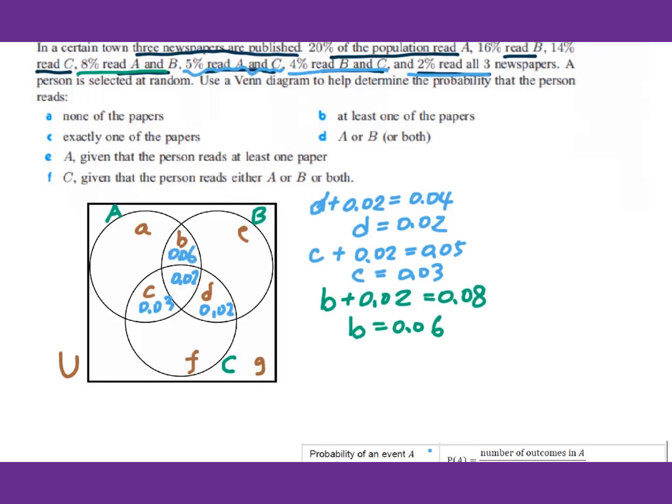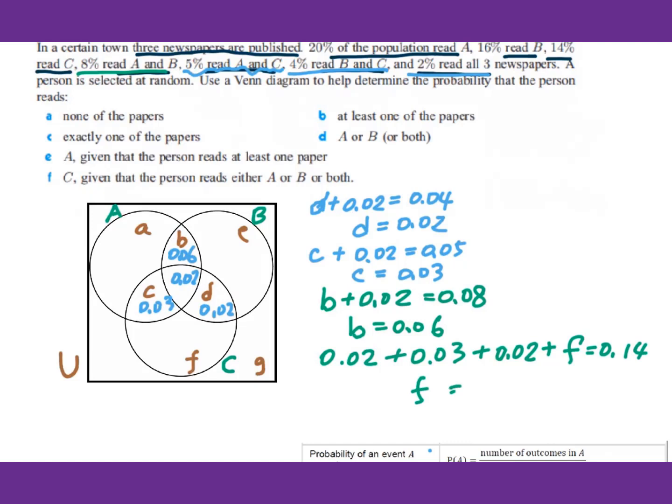Also given the information, 14% read C. That means for C, we already figured out the others. We need to find F. Therefore, 0.02 plus 0.03 plus 0.02 plus F equals 0.14.